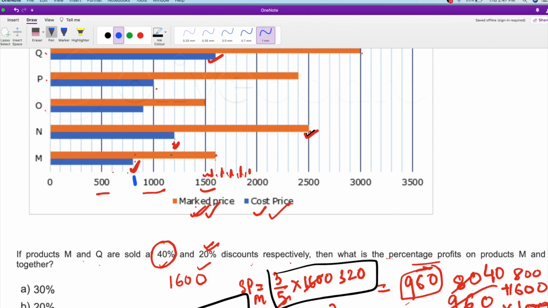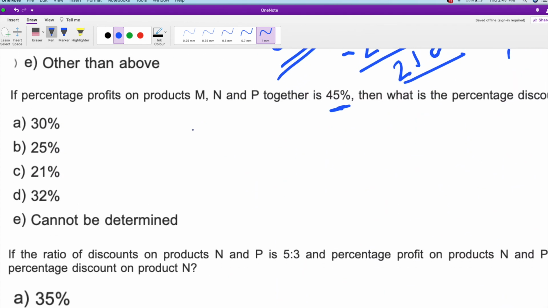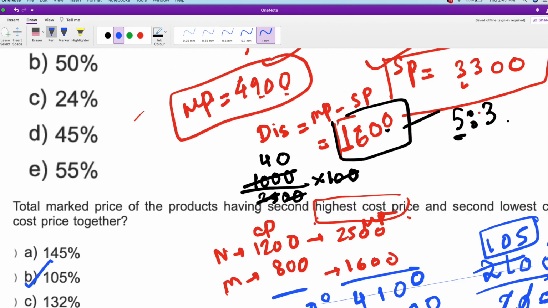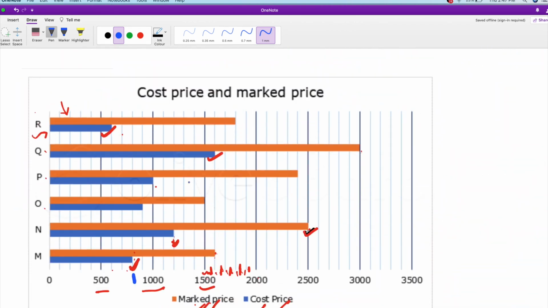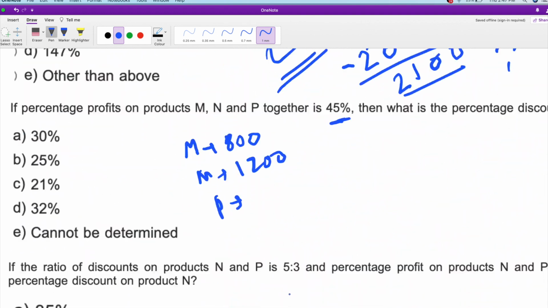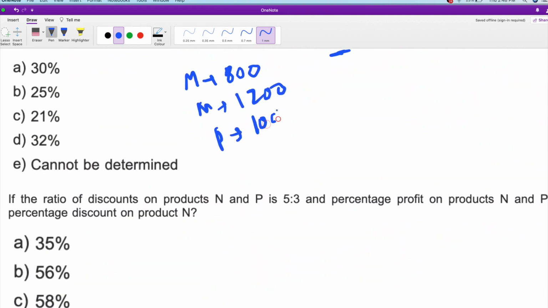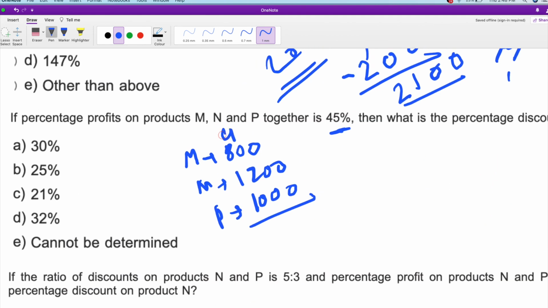Cost price of N is 1200. P is this one, 1000. These are the cost prices.